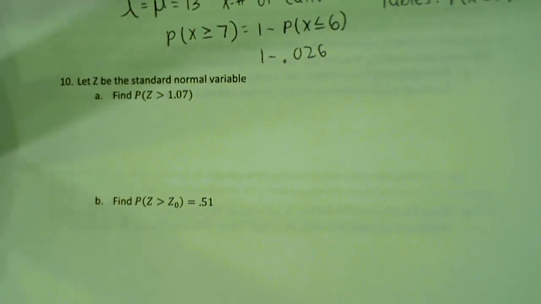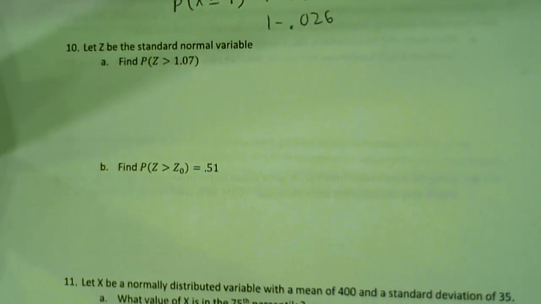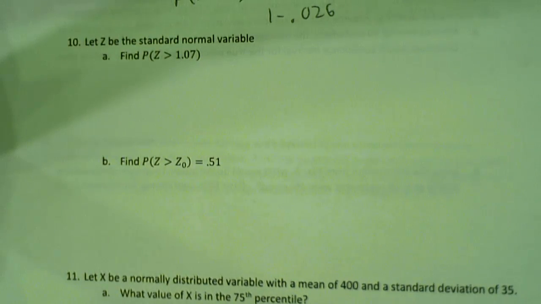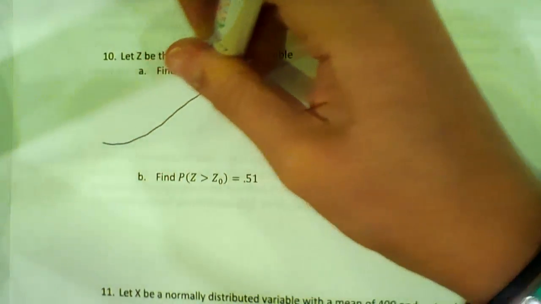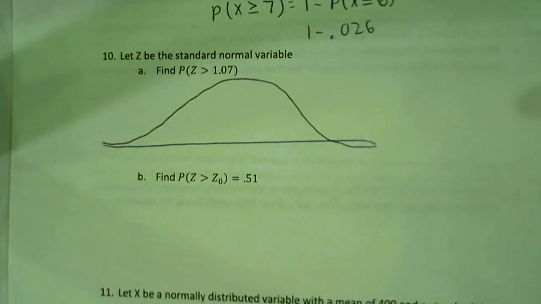So next chapter dealt with standard normal variables, and we are finding z-scores a lot. This becomes really important in the later chapters, so it's good to get this down. Right, so we know when it comes to these, we're always going to have a bell curve.